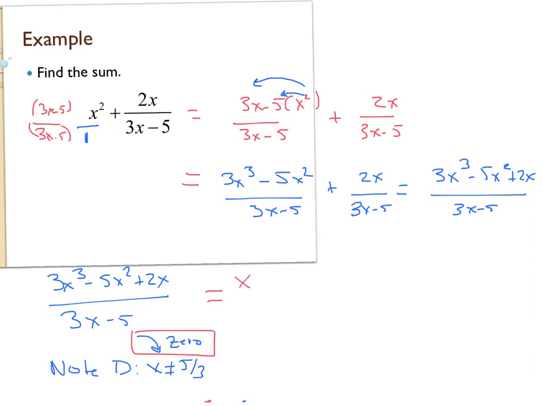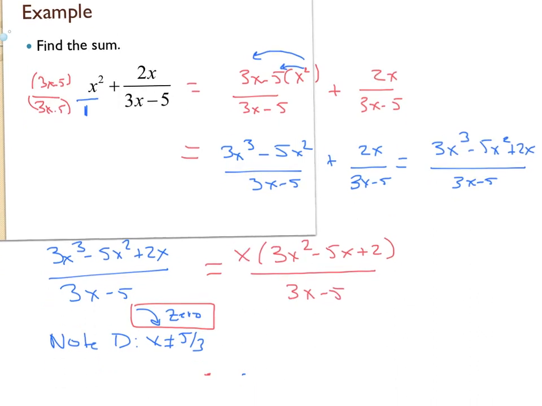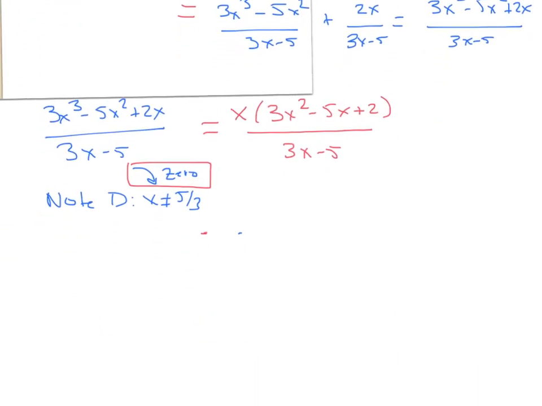So I pull out the x, and I have 3x squared minus 5x plus 2 all over 3x minus 5. Okay, and now I'm going to do a little bit of side work here, and I'm going to factor the 3x squared minus 5x plus 2. And then I'll rewrite it in this spot up here.